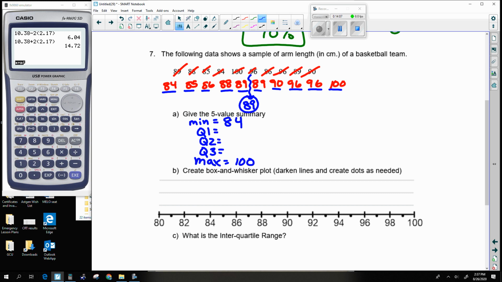Add them up, divide by 2, you're still going to come up with 89. The low 89 goes to the low, the high 89 goes to the high. Find the medians of the lows and the highs. So 86, and 96. So quartile 1 is 86, quartile 2 is 89, quartile 3 is 96.